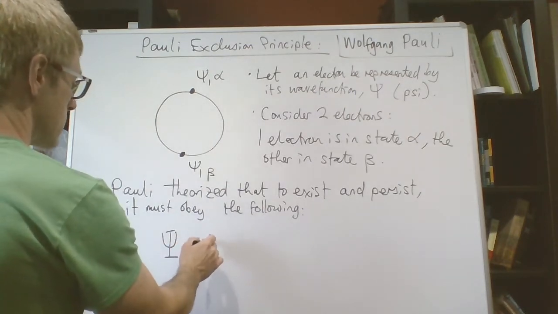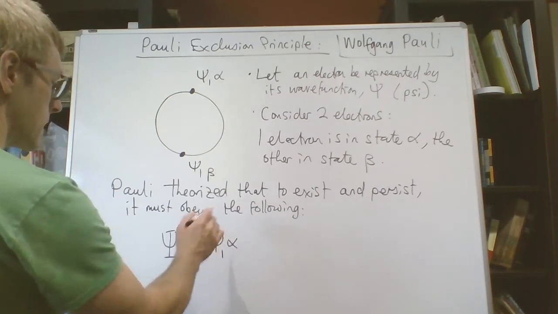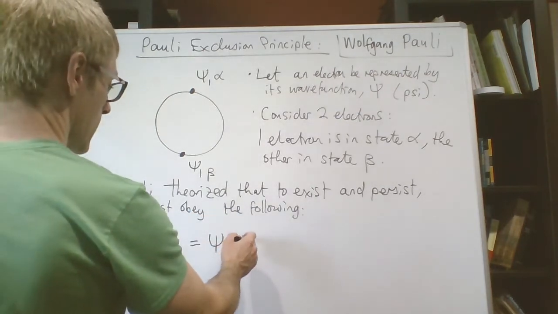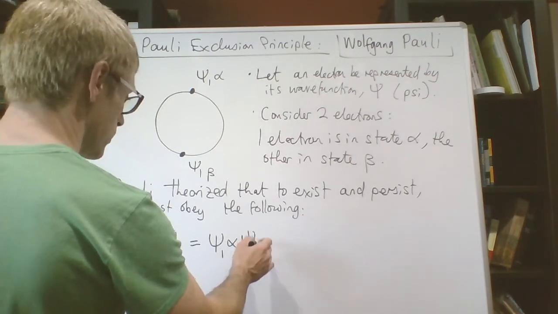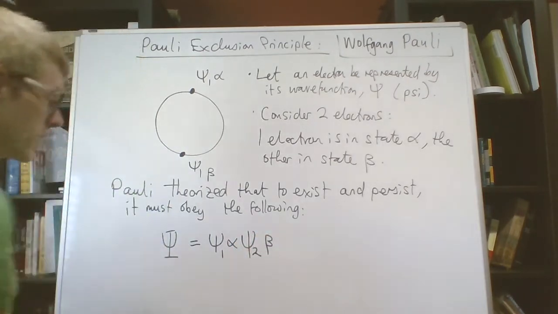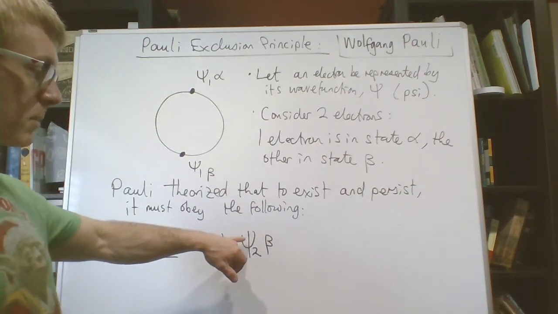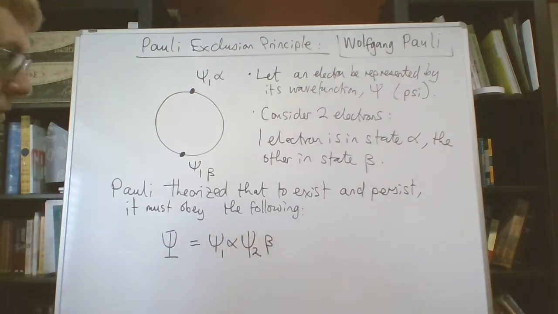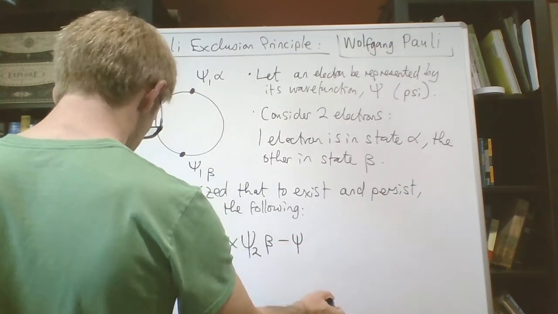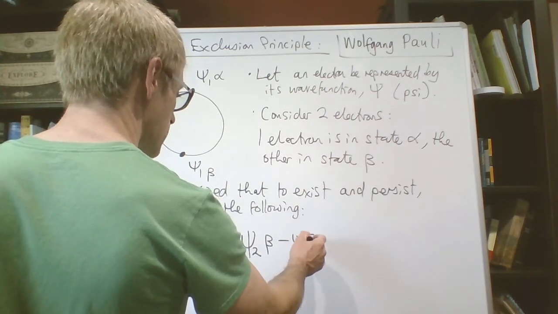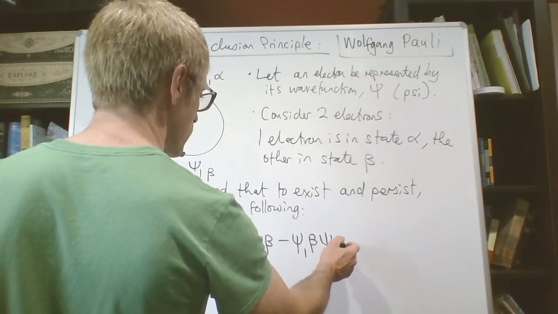And it consists of the wave function of electron 1 in state alpha, as a product of the wave function of electron 2 in state beta. So the wave function of electron 1 in state alpha multiplied by the wave function of electron 2 in state beta, minus the wave function of electron 1 in state beta multiplied by the wave function of electron 2 in state alpha.